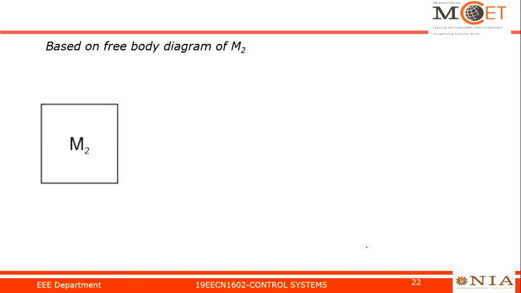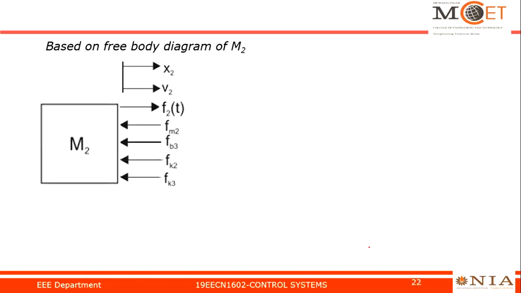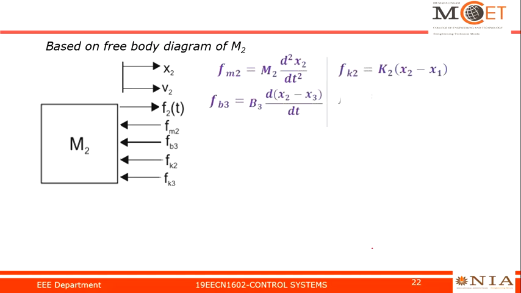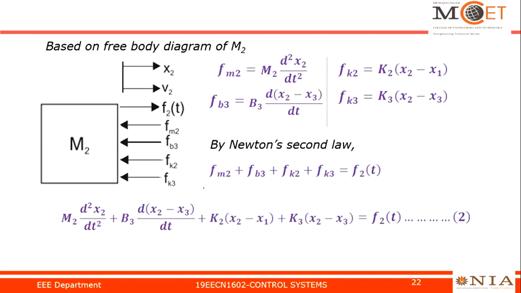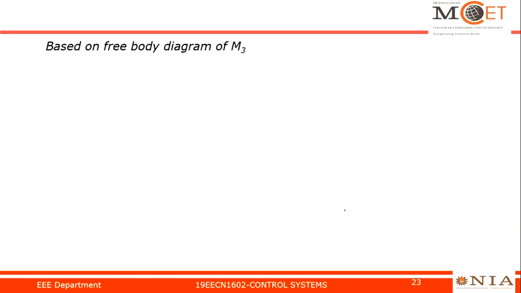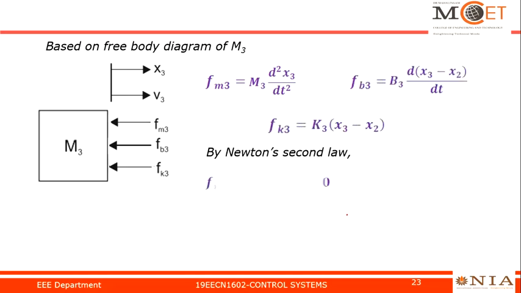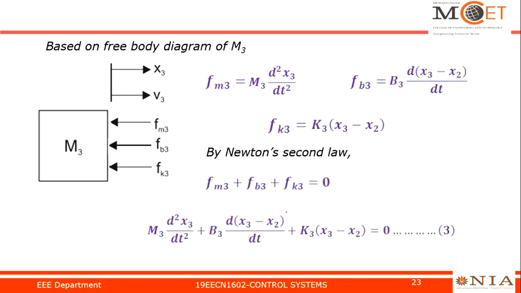This is equation 1 for the first node. Second node, I'm writing the equation. You can write the equation. Four different opposing forces, one applied force. And for the third, I'm writing the differential equation. There is no applied force, so it is 0. All are opposing forces. The sum of opposing forces here is Fm3, Fb3, Fk3.